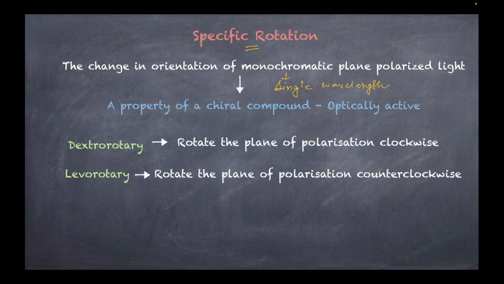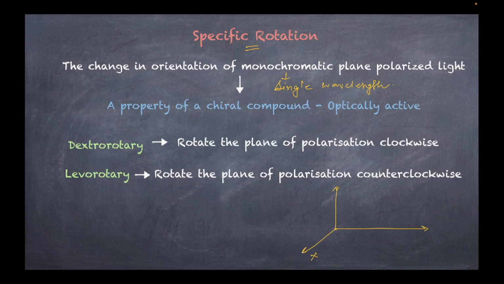Now plane polarized light means the incident light is polarized along a particular plane. That means the electric field of the incident light is oscillating along a particular plane. So let's say this is three-dimensional Cartesian space.